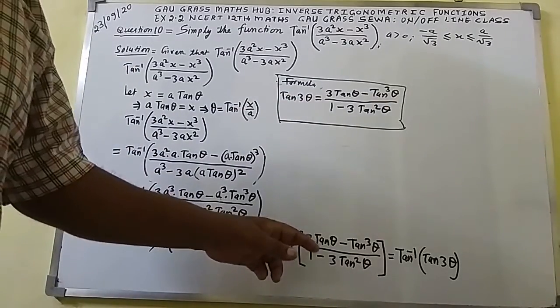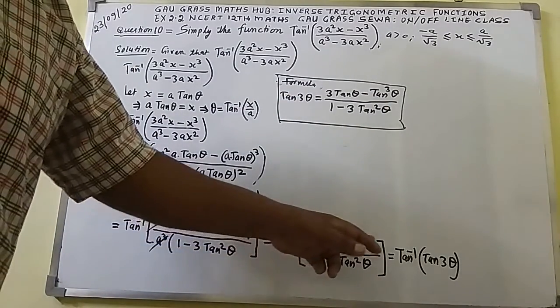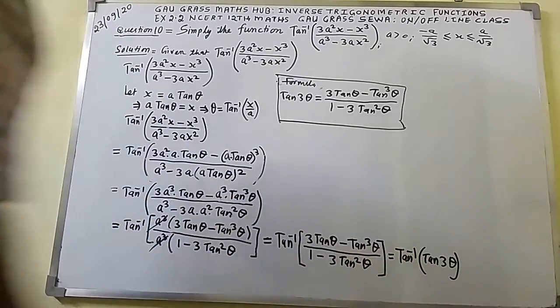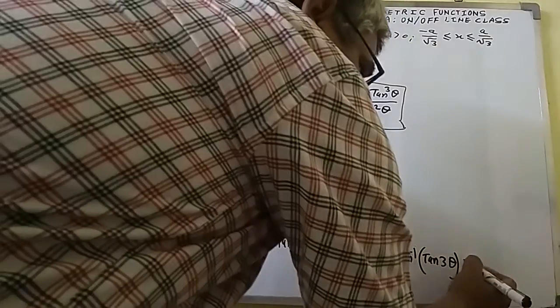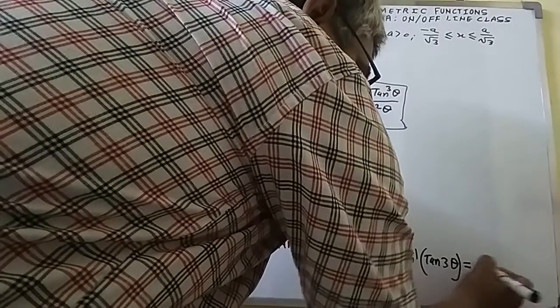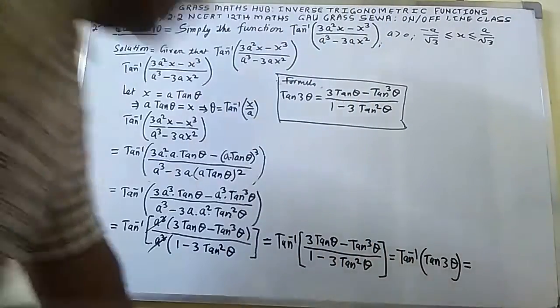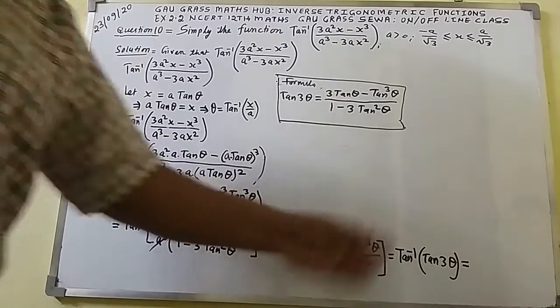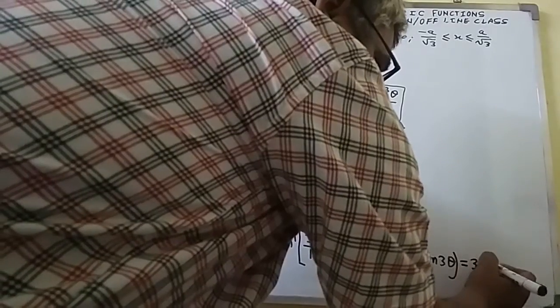So here same thing written. So what will we get here? Here tan inverse and tan will be cancelled out. Here you will get only 3 theta.